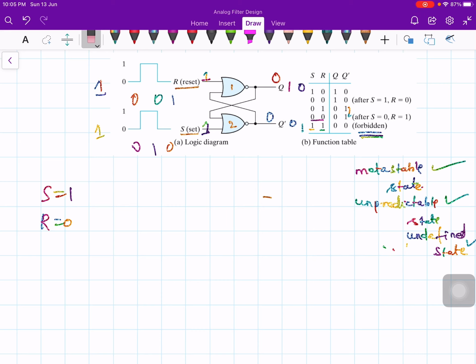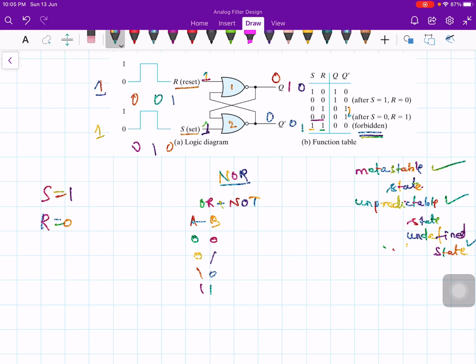Let's say I have given this condition. I applied S equal to 1 and R equal to 0. Now what is going to happen? This is a NOR gate, right? In the NOR gate, if any one input is 1, then what is going to be the output? See, the NOR gate is OR plus NOT gate. Now A, B, two inputs: 0 0, 0 1, 1 0, 1 1.